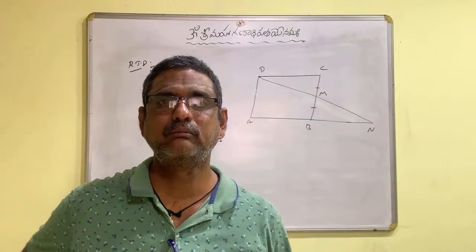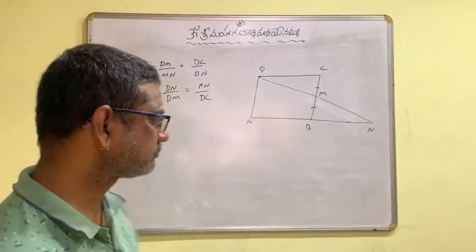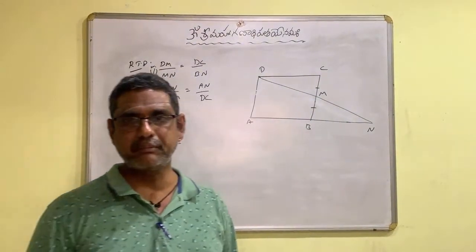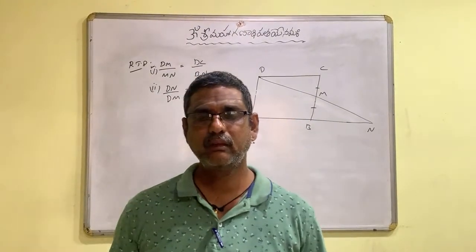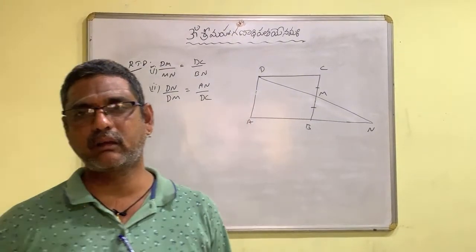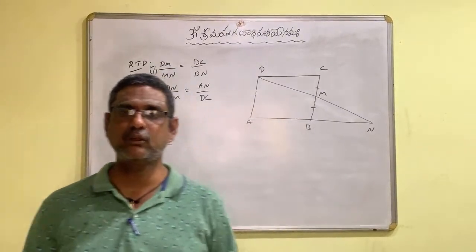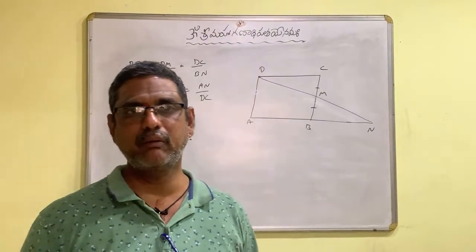So I took triangles topic for revision. In triangles we have only two concepts. One is basic proportionality theorem. The other one is similarity criteria. So basing on these two concepts, we need to solve the problems.